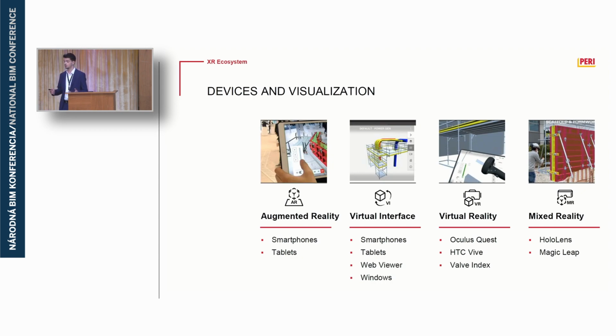We're also able to use the HoloLens to create some mixed reality experiences. But as I said, our main focus is on smartphones and tablets, because everybody on site can use them. Every sales engineer from our side has them, every client has them, and they have them right there in their pocket. So this is our goal to work towards.